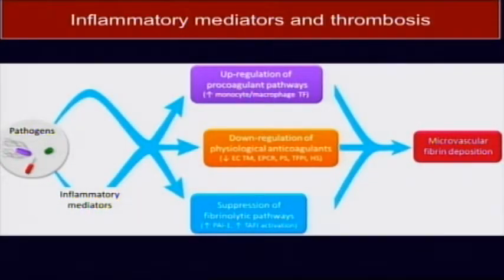When we are in touch with pathogens, there are several inflammatory mediators. I'm not going to mention them; many of them have been mentioned in the previous presentation. Several interleukins, P-selectin and so on. And you have these three mechanisms. First of all, you have an upregulation of the procoagulant pathways, essentially due to the tissue factor contained in the monocytes.